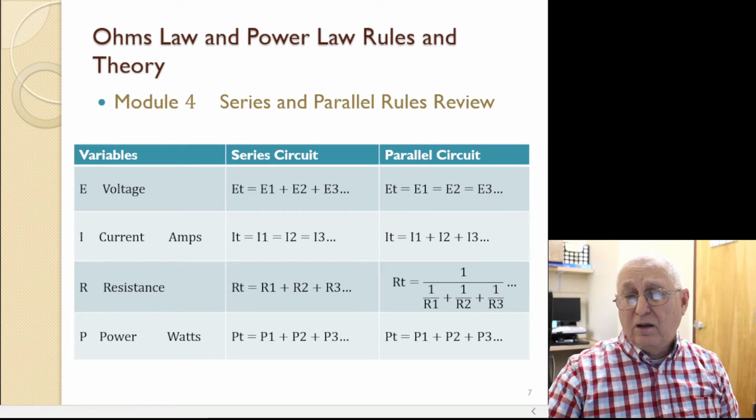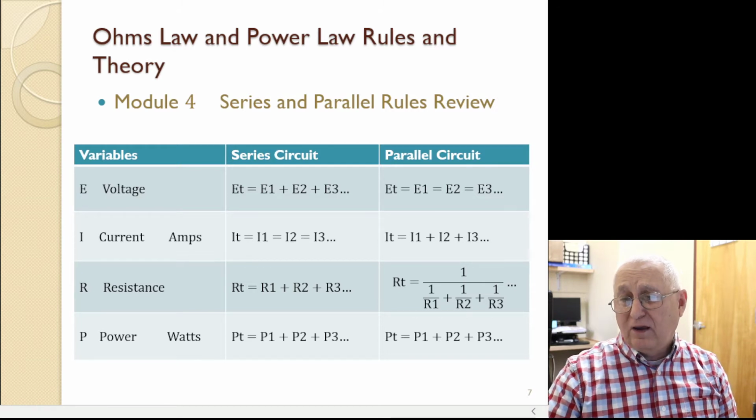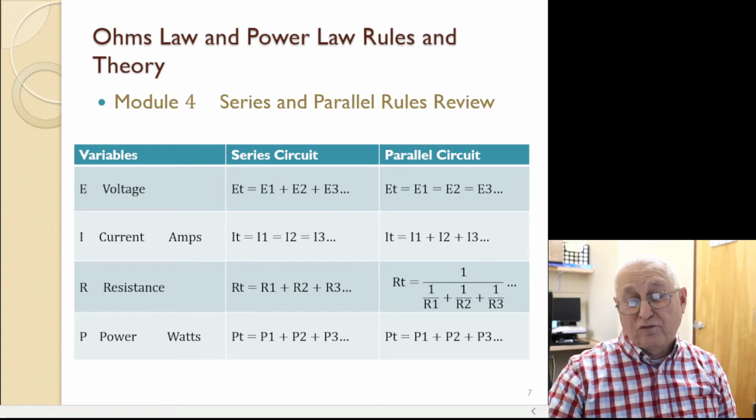Again, here's a review of the series parallel rules. Voltage in a series circuit is the sum of all the voltage drops. E1 plus E2 plus E3 equals ET. Parallel circuit, the voltage is the same everywhere. ET, total voltage, equals the voltage at E1, also equals the voltage at E2, also equals the voltage at E3.